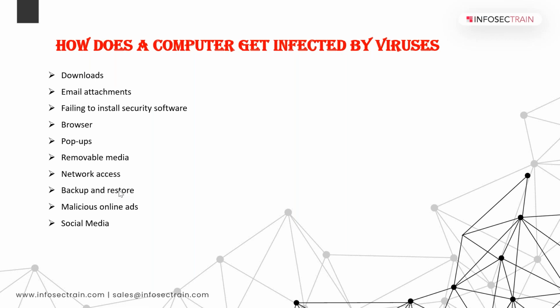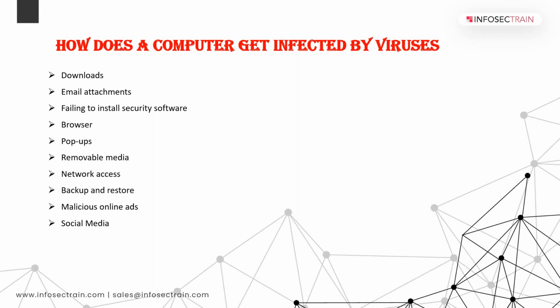Whenever you back up files, if your system is already infected with the virus, and you back up a particular file to your hard drive, it will be stored there. Whenever you connect that device again, it will harm your system. That is what happens when you back up and restore the data.